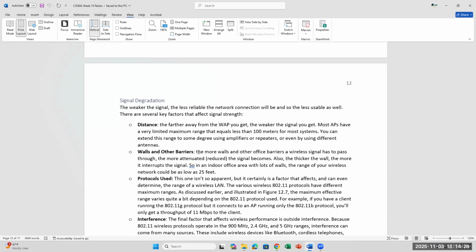If there are walls in between, like dividers for offices, look at how wide your building is, so you can have a range of 25 feet. But don't go crazy and install 100 access points in one high-rise. We just want to make sure that it's efficient and adequate.